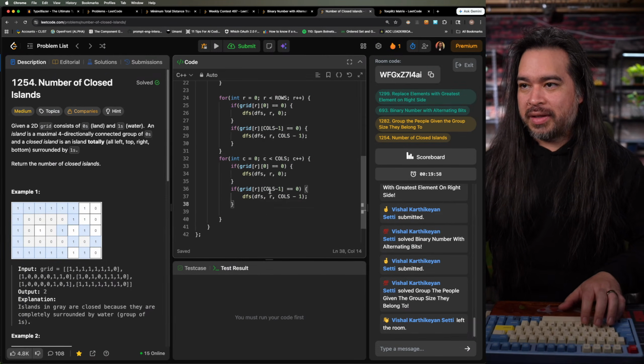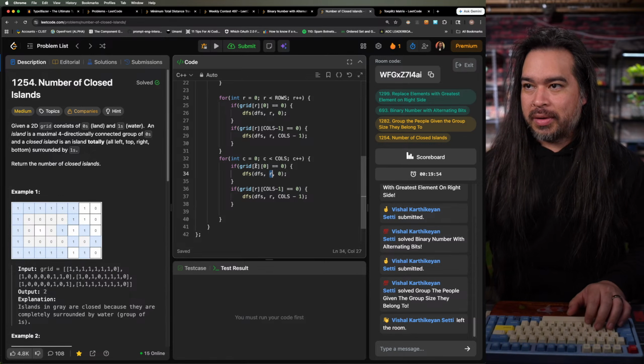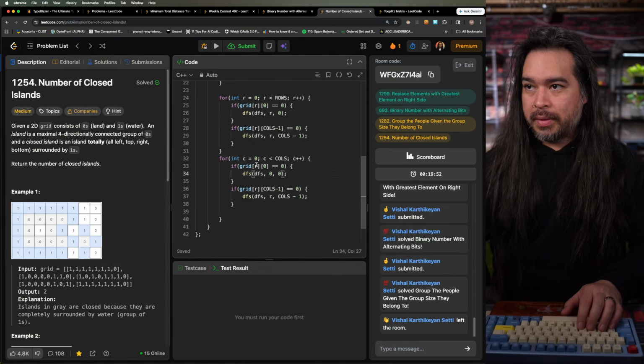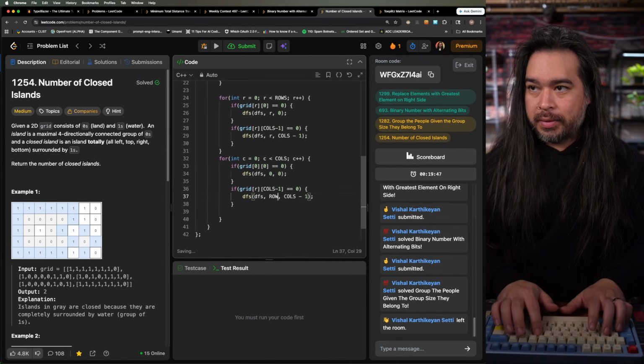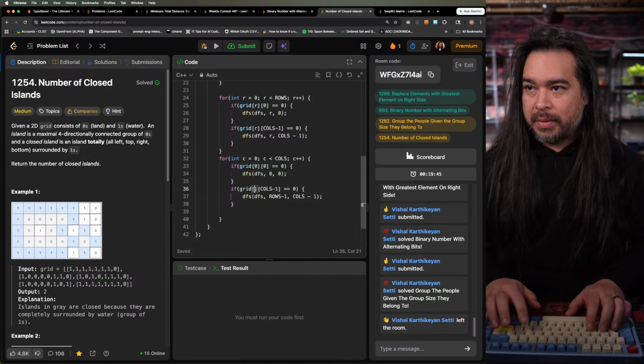Let's copy this in. Every time I copy though, something goes wrong. So I put zeros there, and I put rows minus 1 there.